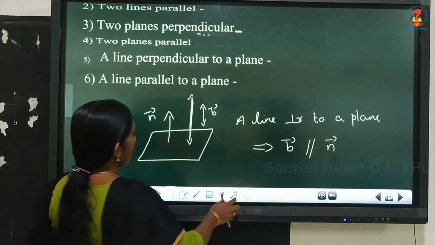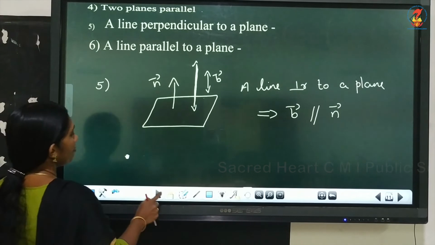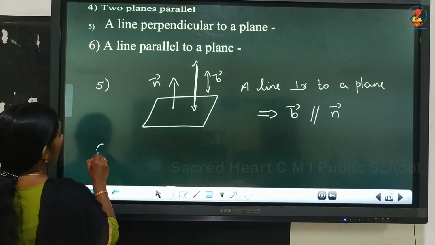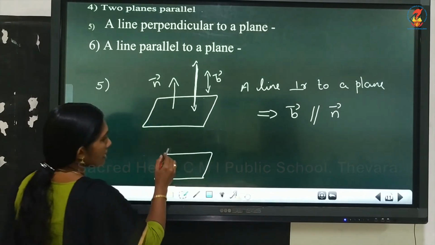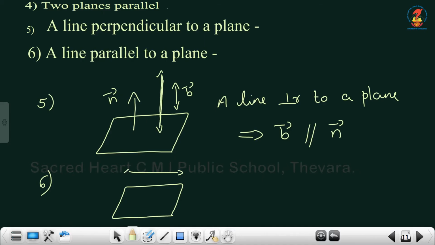Now the last one, sixth one, a line is parallel to a plane. So plane, line is parallel means like this. This is the line. Okay. This is the normal. So parallel vector is B. So what about n and B? They are perpendicular.